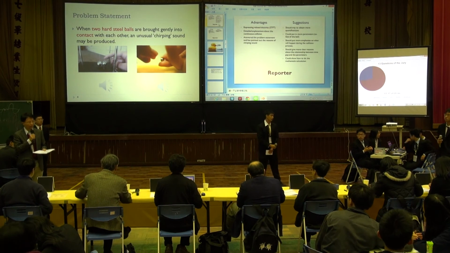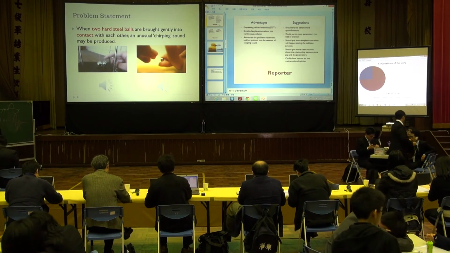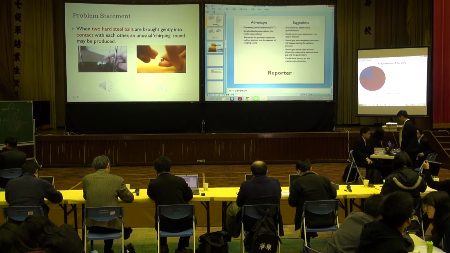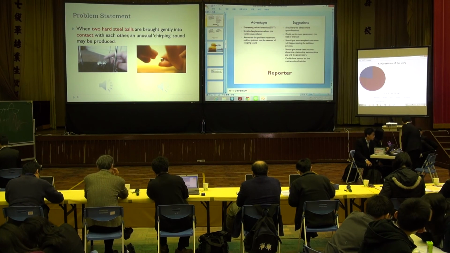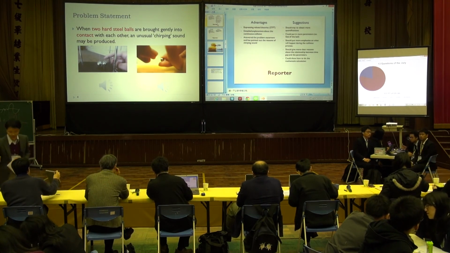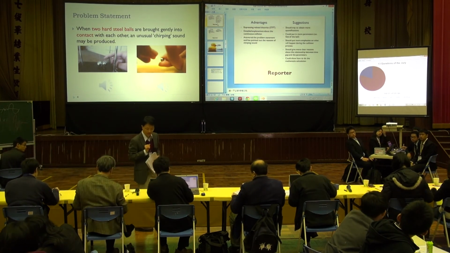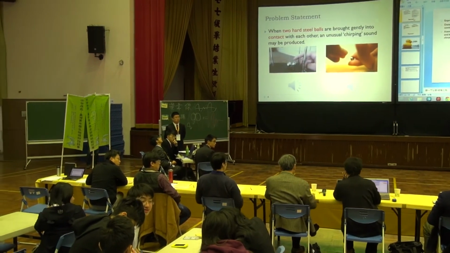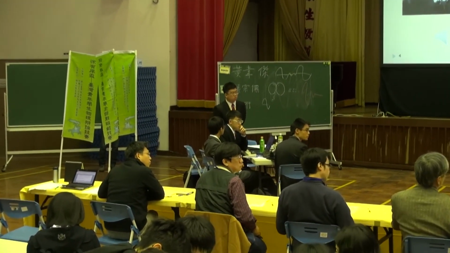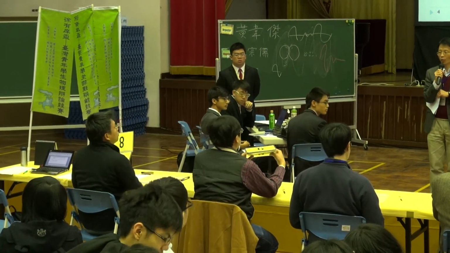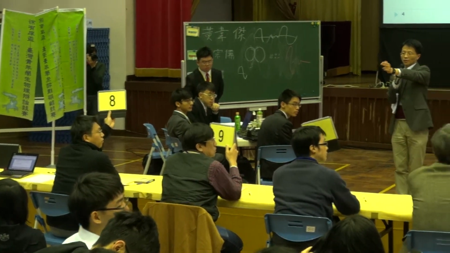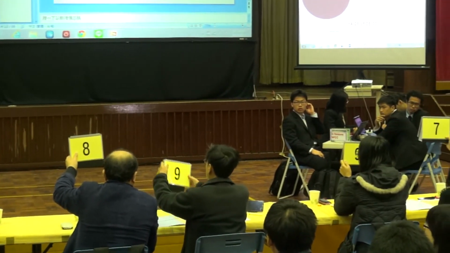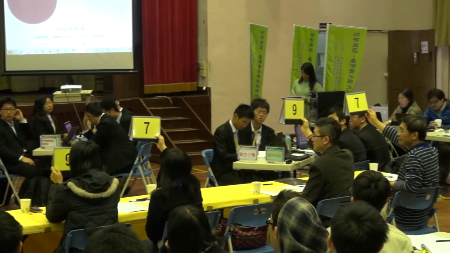Okay, the jury make the grade. Okay, the score for the reporter: 8, 9, 8, 8, 8, 8, 9, 9, 7, 9, 7.